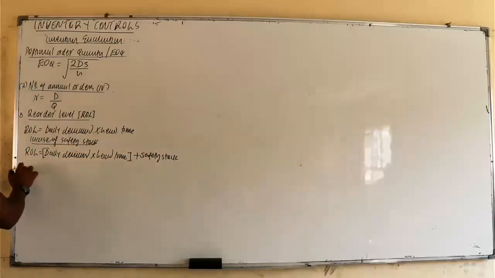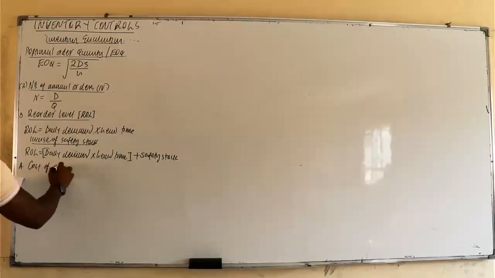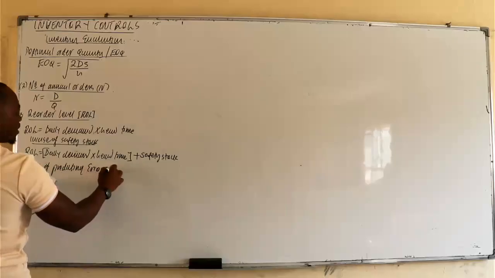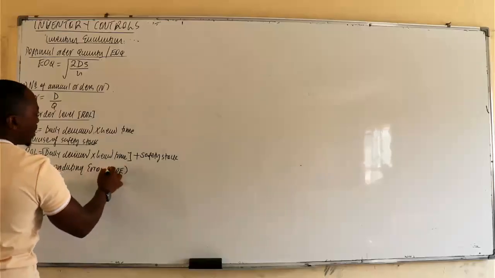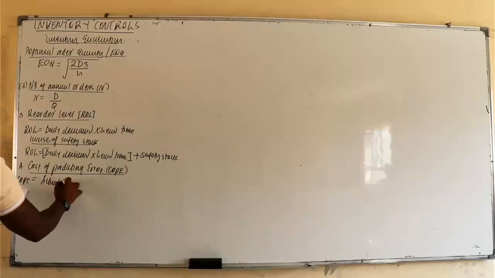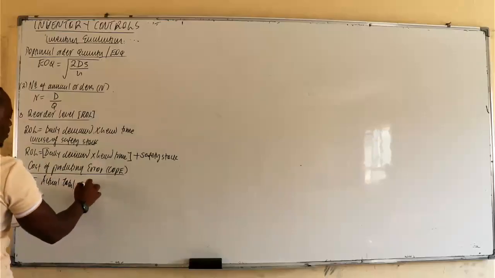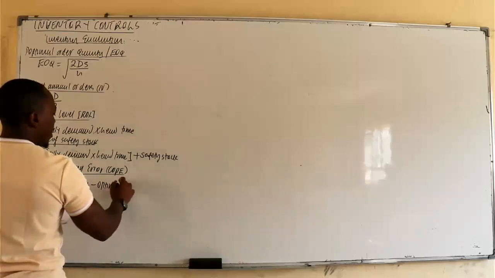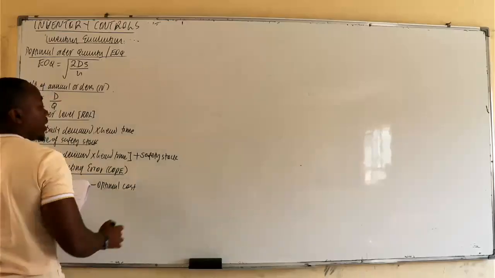And then number four, how do we get the cost of predicting error? Cost of predicting error, that's what we call COP. To get COP, you take the actual total cost minus the optimal. How do we get the total cost?